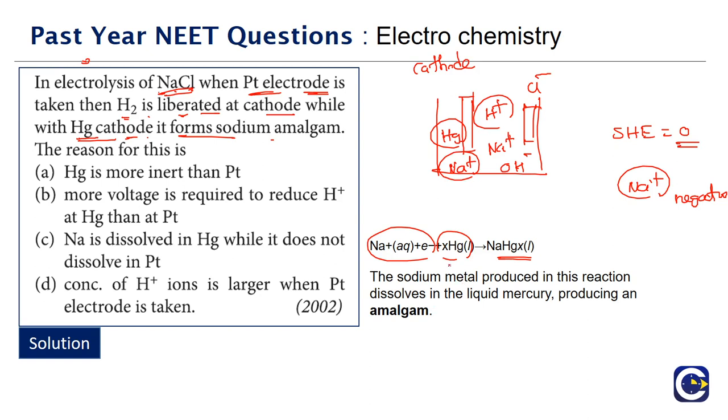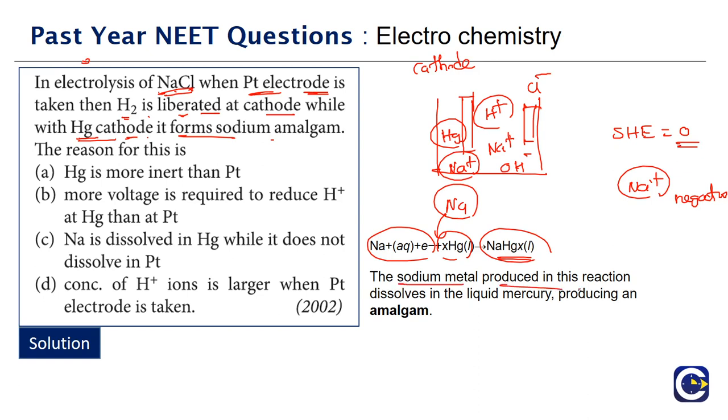But when there is mercury, the overall energetics of the reaction is not just about forming sodium metal. After the sodium metal is formed, it will dissolve into the mercury to form the amalgam, where the entropy of the metal formed will also increase.